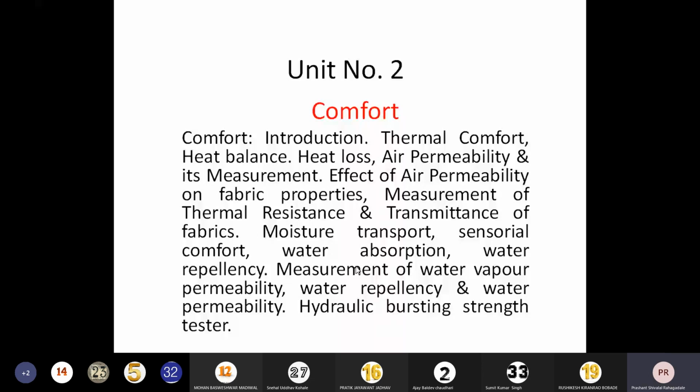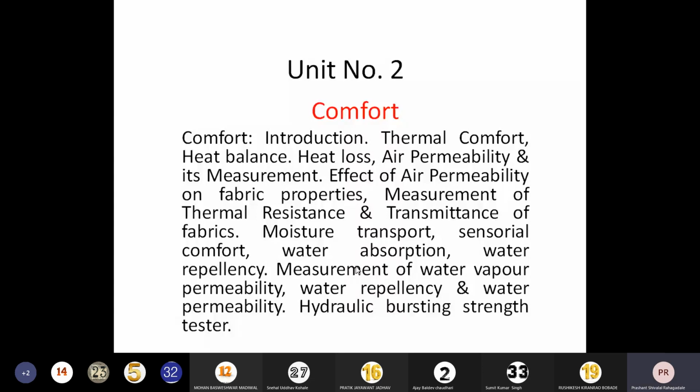Normally our body has a temperature of roughly 37 degrees centigrade. A normal fit body has a temperature of 37 degrees when we have normal metabolism.